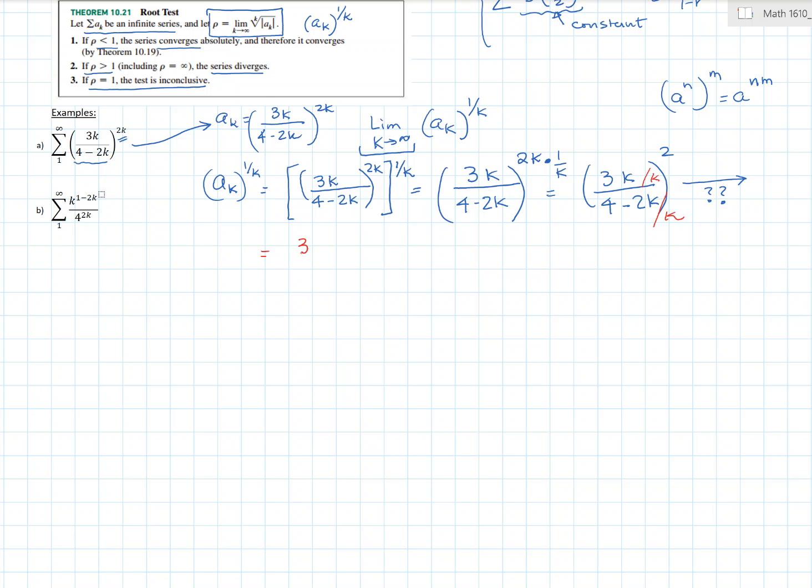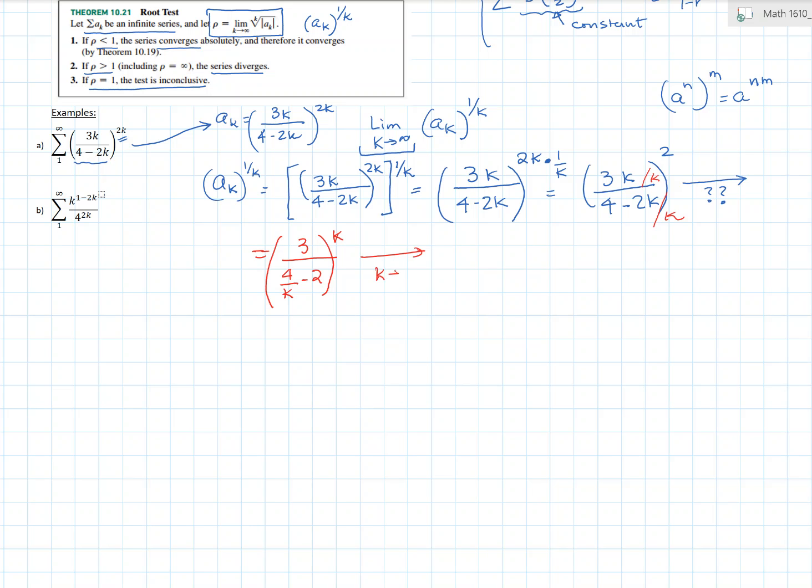So I'll be left with 3 over 4 over k minus 2, whole thing raised to the power 2.